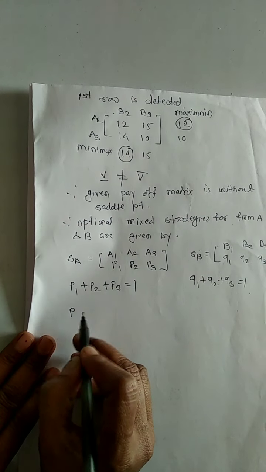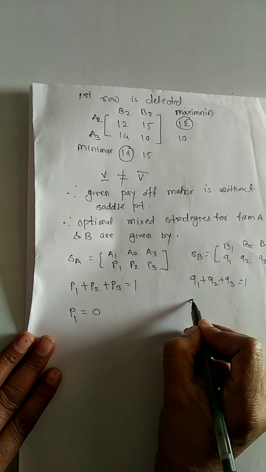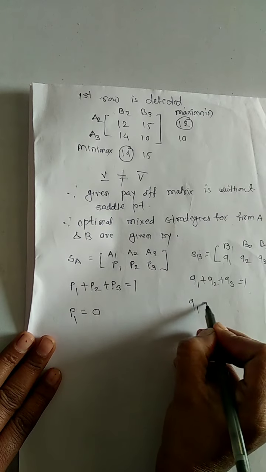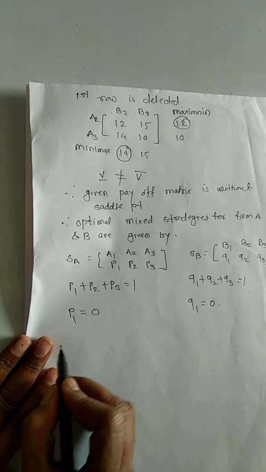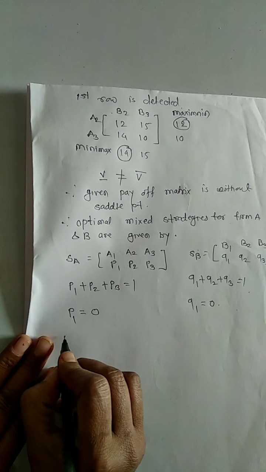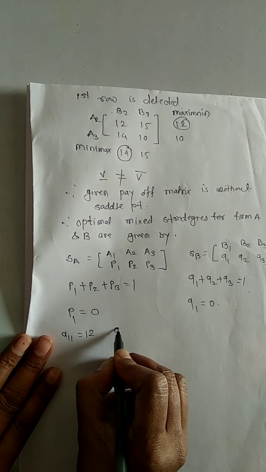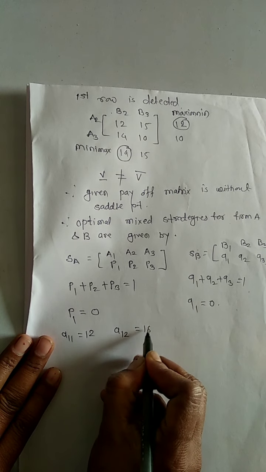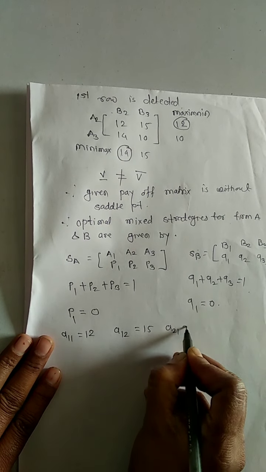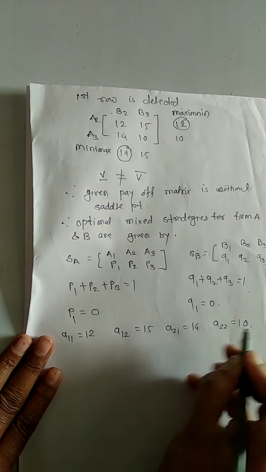In the given payoff matrix the first column is deleted and the first row is deleted. Therefore, the strategy for the first row is P1 equal to 0 and for the first column Q1 is equal to 0. In this 2 by 2 matrix, A11 is equal to 12, A12 is equal to 15, A21 is equal to 14 and A22 is equal to 10.